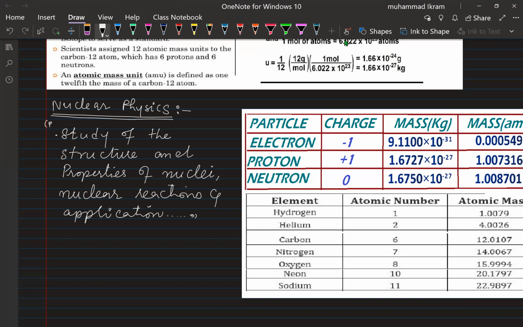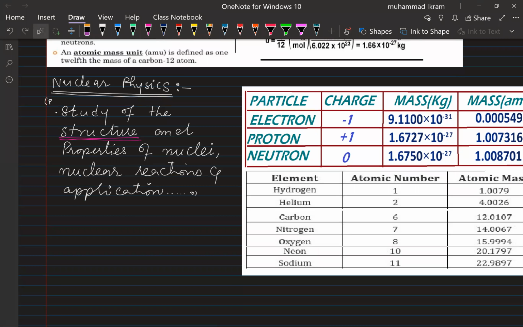So the main focus of nuclear physics here is the structure of the nucleus, right? And then the properties of the nuclei, what the properties of the nuclei are, about the nucleons also, and then we will study the nuclear reactions also.